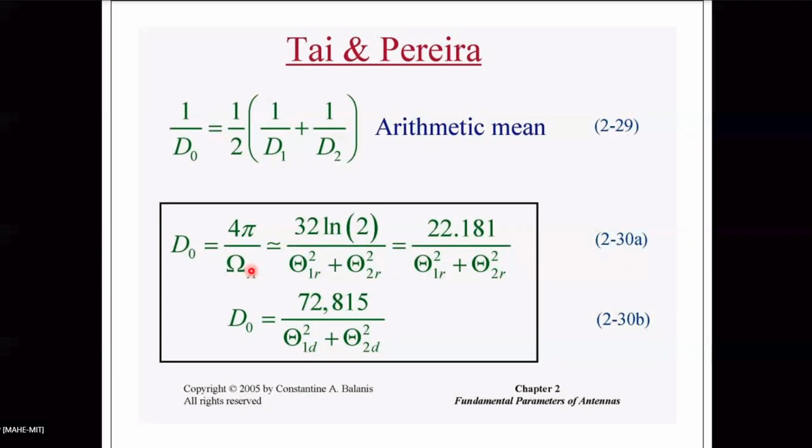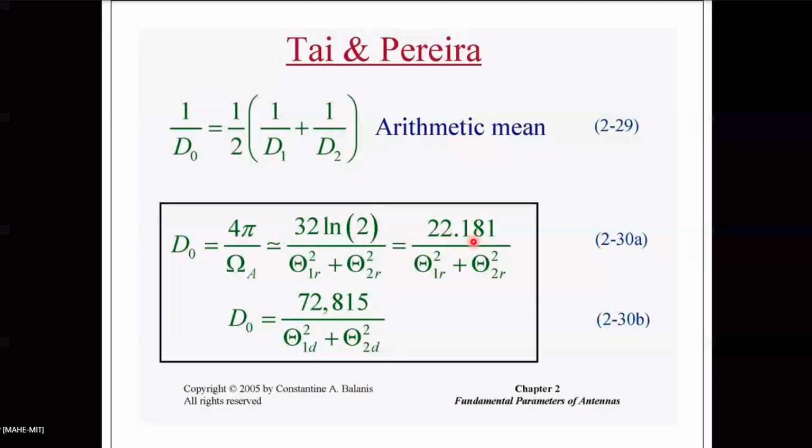Yeah. So have you understood the cross formula? Yes, sir. Okay. Now the Tai and Pereira formula is another approximate formula. 4 pi by omega A, where omega is given by this expression: 32 ln2 by theta 1r square plus theta 2r square. This r means in radians. Okay.